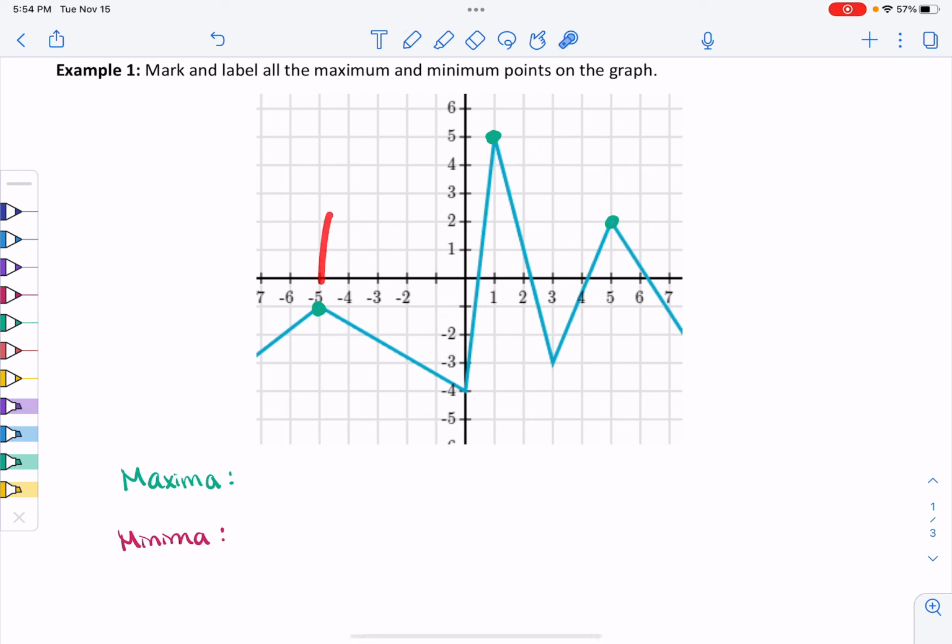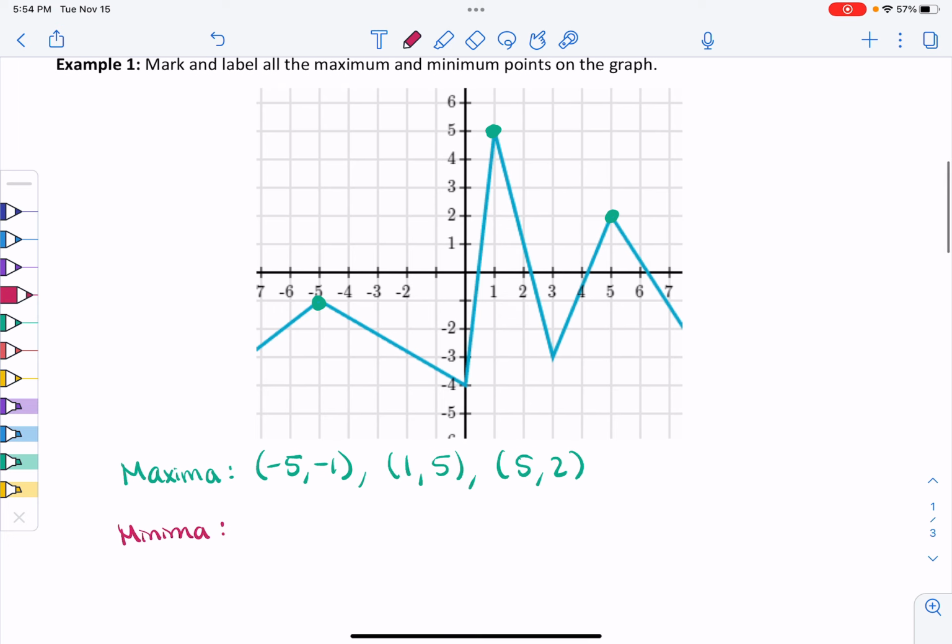So this first point I highlighted is at negative 5, negative 1. This one over here is at 1, 5. And this one over here is at 5, 2. All right, our minimum points are going to be here and here.